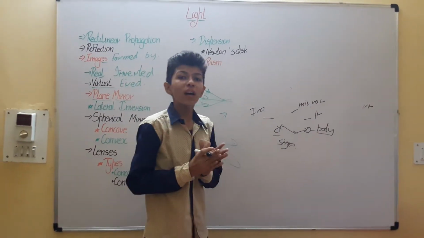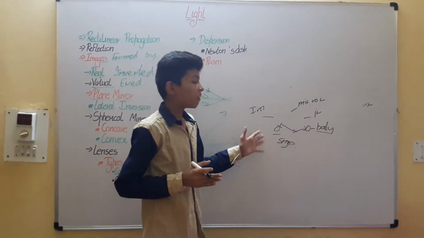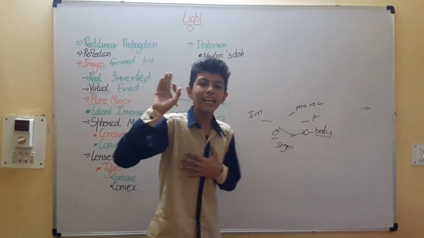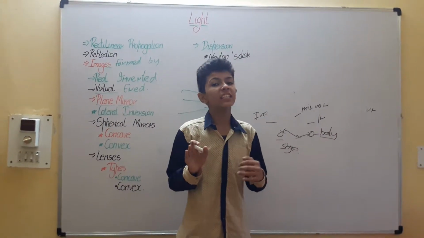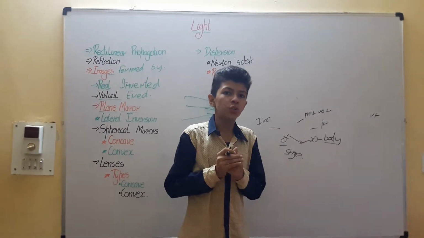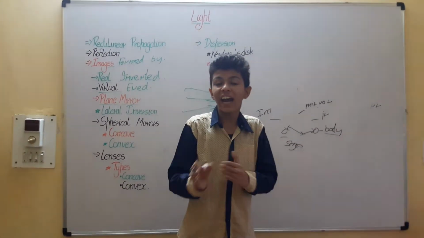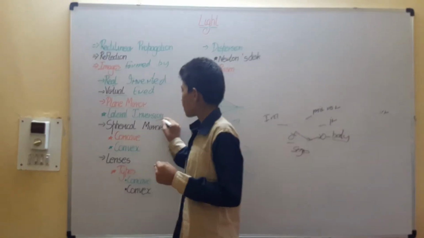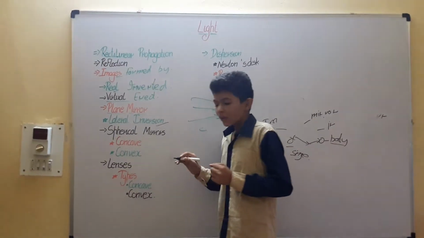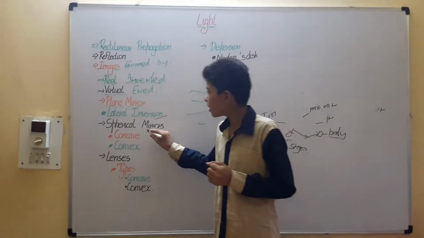And one inversion takes place: when you raise your right hand in the mirror, it seems to raise its left hand, so it is called a left-right inversion, which is also called lateral inversion. So let's move to the spherical mirrors.